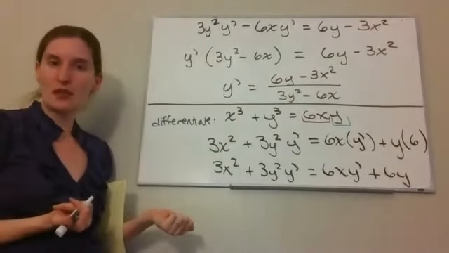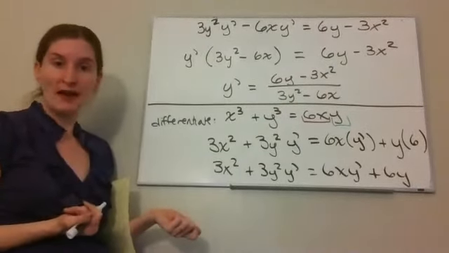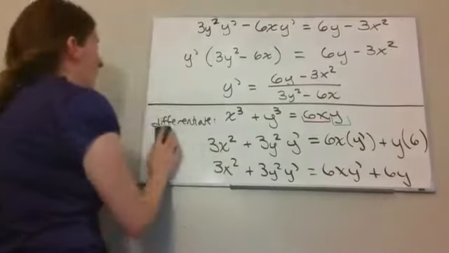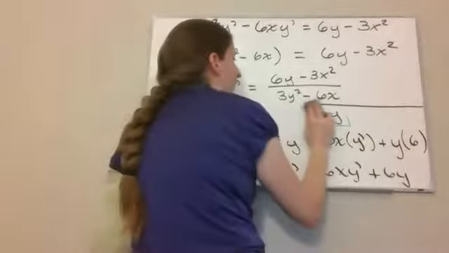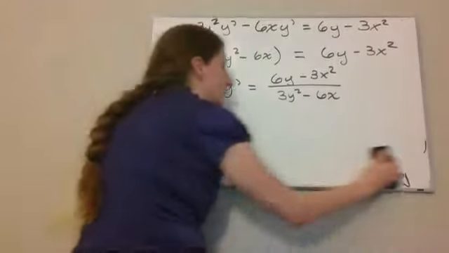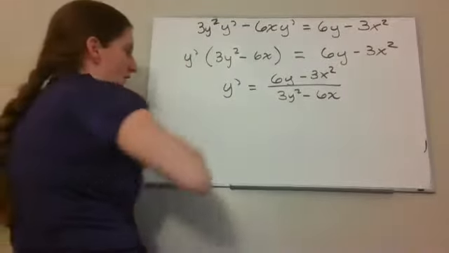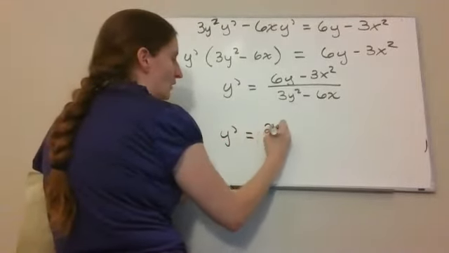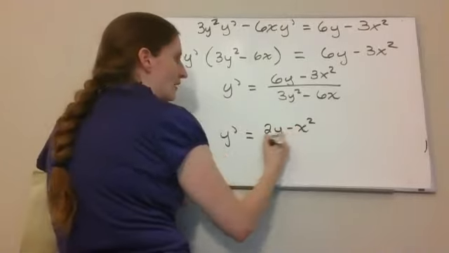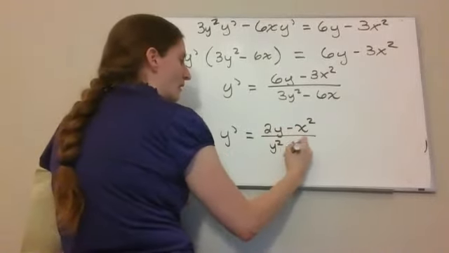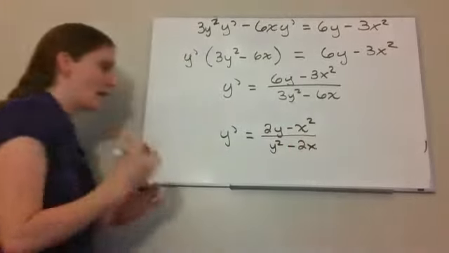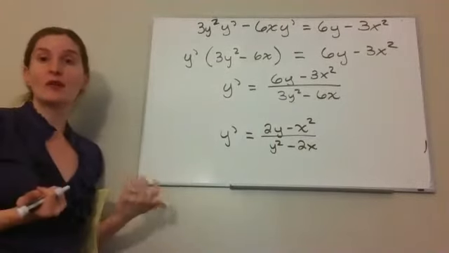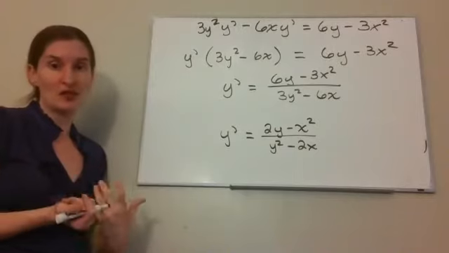I can factor a 3 out of both the numerator and the denominator and cancel that like factor. So if I do cancel my like factor of 3, I will get the simplified version, which is y prime equals 2y minus x squared over y squared minus 2x. There is my derivative. So this derivative is what's going to give me the slope of my tangent line.